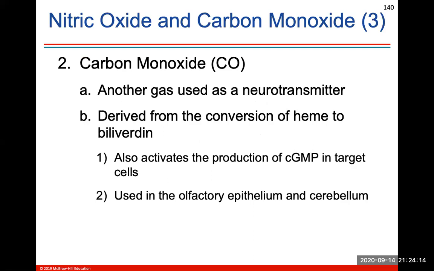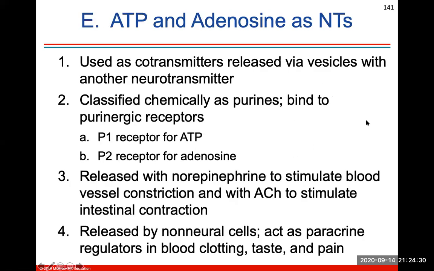Carbon monoxide is another gas used as a neurotransmitter. It will activate the production of cyclic GMP in target cells. It's used in the olfactory epithelium, your smelling epithelium in your nose. ATP and adenosine are also neurotransmitters. They'll be used as co-transmitters, so they'll be released via vesicles at the same time as a neurotransmitter.